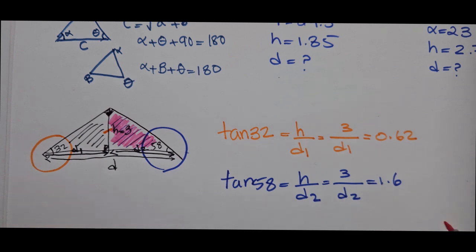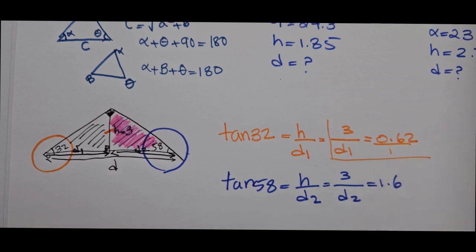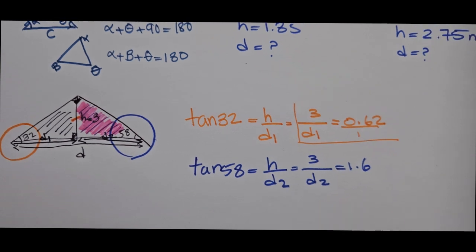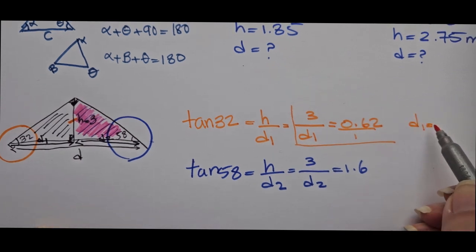From the top one, from the orange one, if you consider this part, from here you can calculate D1, and from the other one, you can calculate the D2, add them together and find the D. Okay, so let's say from here I calculate D1.